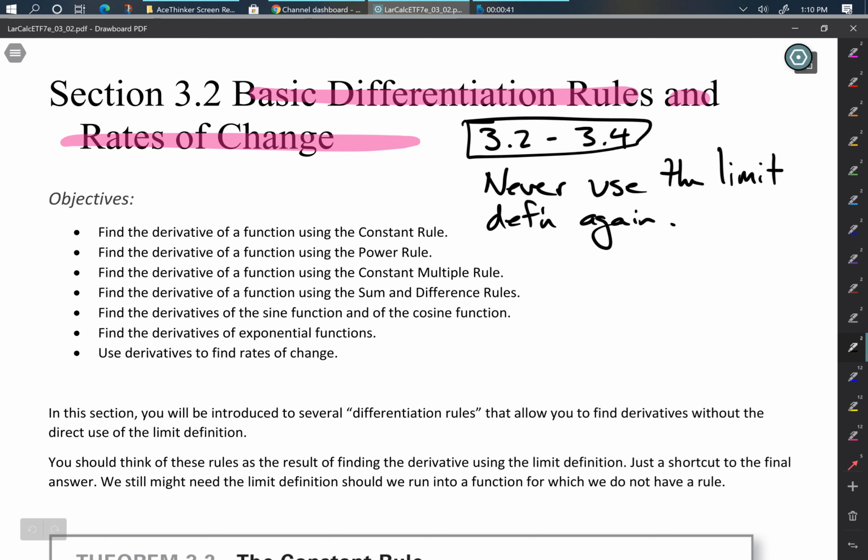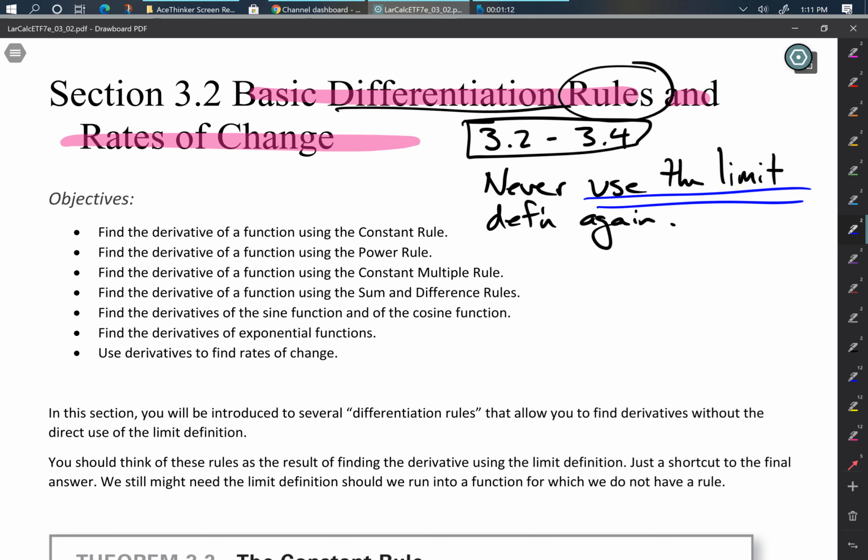That limit definition that we learned in section 3.1 is great because it always works no matter what, but it's also slow, cumbersome, and prone to mistakes because there's a lot of moving parts. So we would like to come up with a bunch of rules for taking derivatives, for doing differentiation, so that we don't have to use that limit definition.